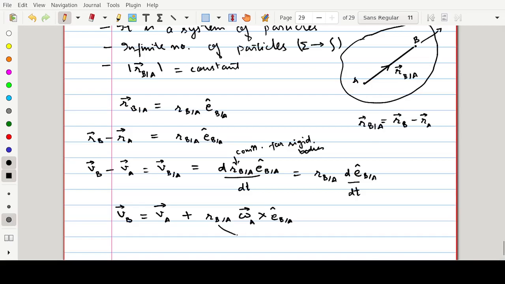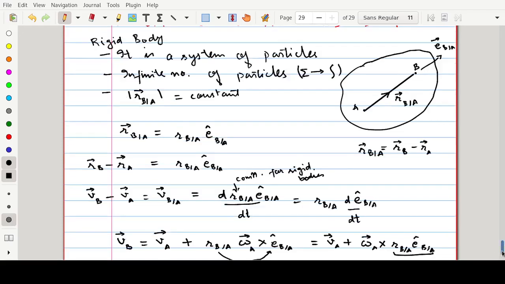Now this scalar I can bring inside to write VA plus omega A cross RBA EBA, and this is nothing but the vector RBA.